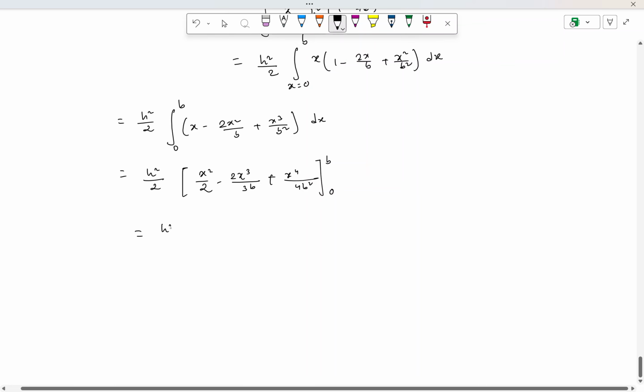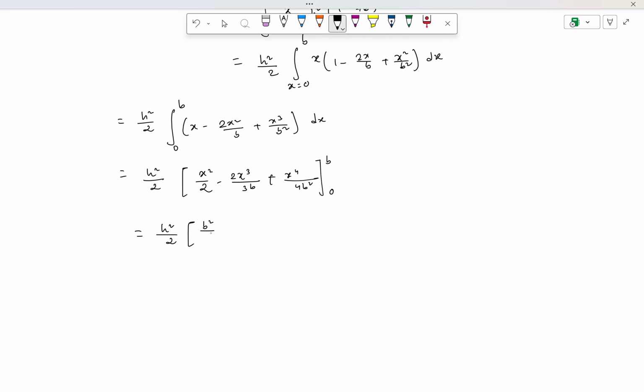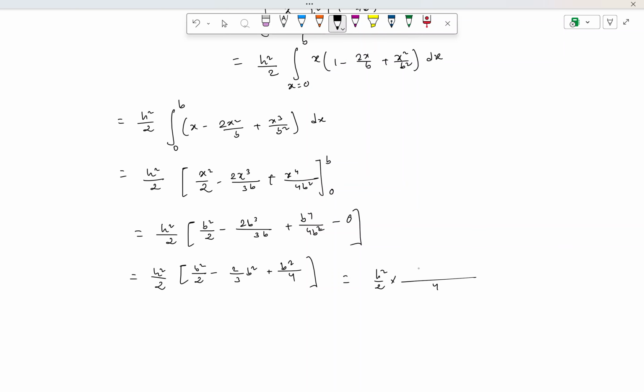So here you have h squared by 2 times b squared by 2 minus 2 by 3 b squared plus b squared by 4, so x squared by 2, is equal to 12.